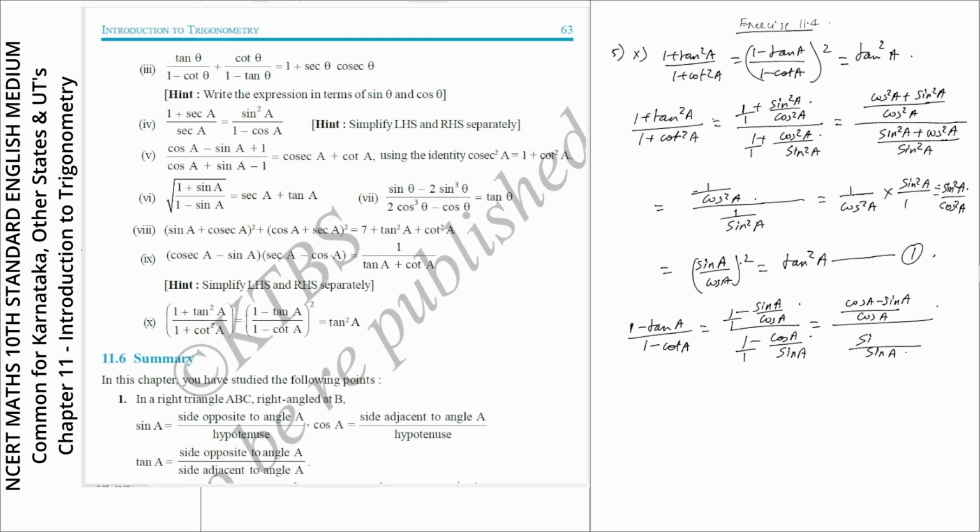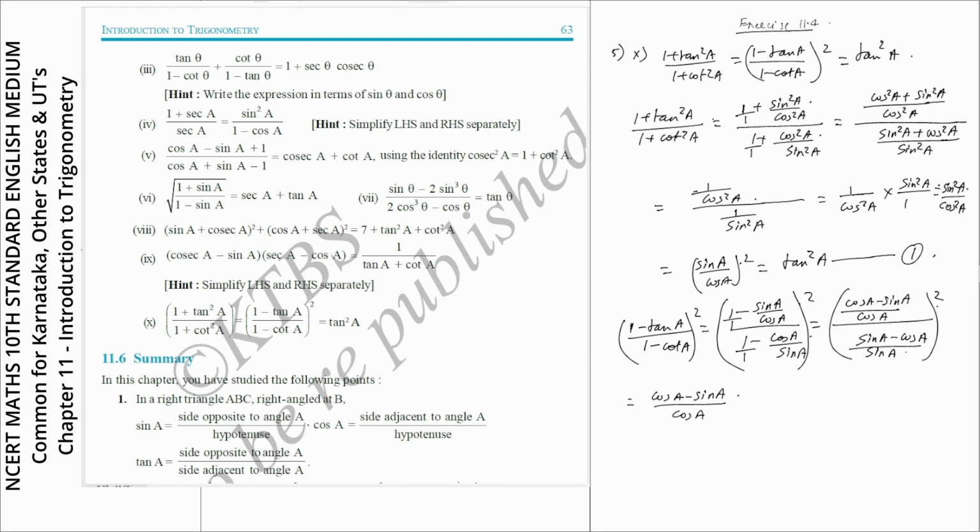So now sin a minus cos a. This middle term is actually (1 minus tan a by 1 minus cot a) the whole square. Write this as it is, the whole square. Now this is equal to cos a minus sin a by cos a.